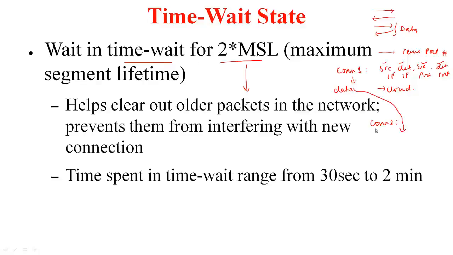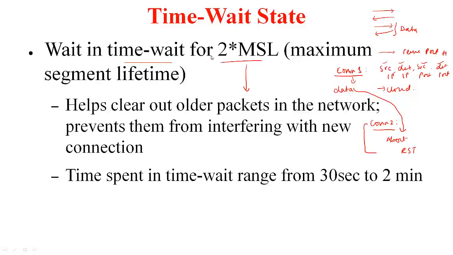Now if you don't wait for this time, what can happen is this older data can come as part of this connection 2, and typically the sequence numbers of connection 2 will not match this particular sequence number. As a consequence of this, you're going to abort this connection by sending the reset flag. So this is unnecessary work.